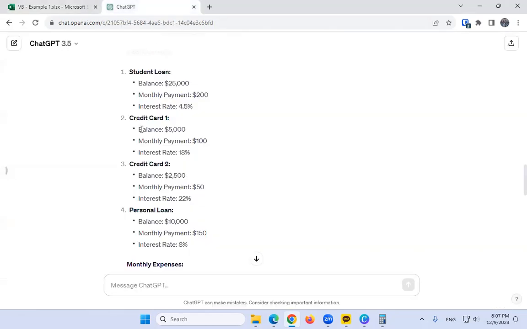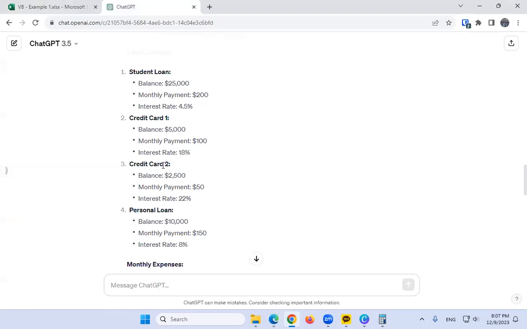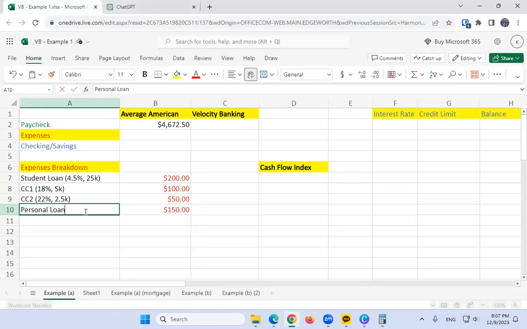Credit card two would be 22% and 2.5K. And then the personal loan is 8% and 10K. 10K. Awesome. So we've written all of our debts.